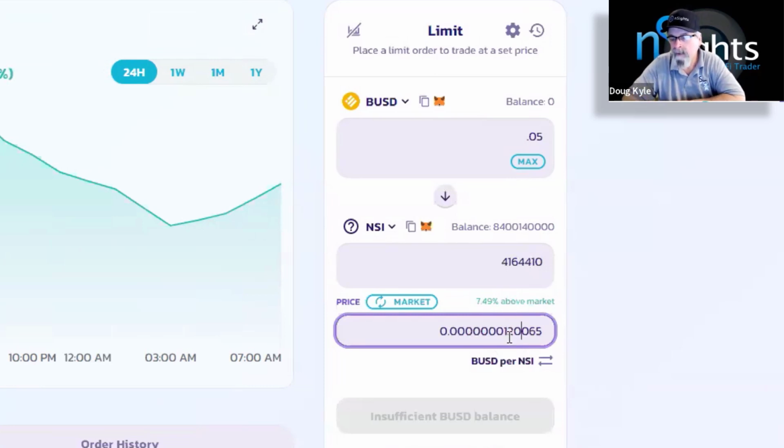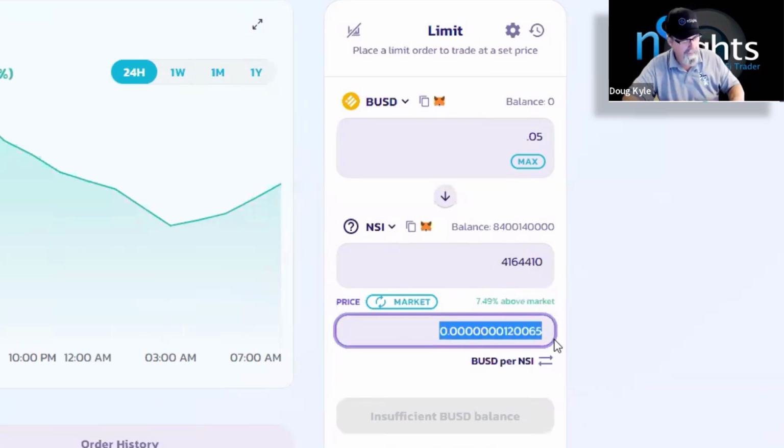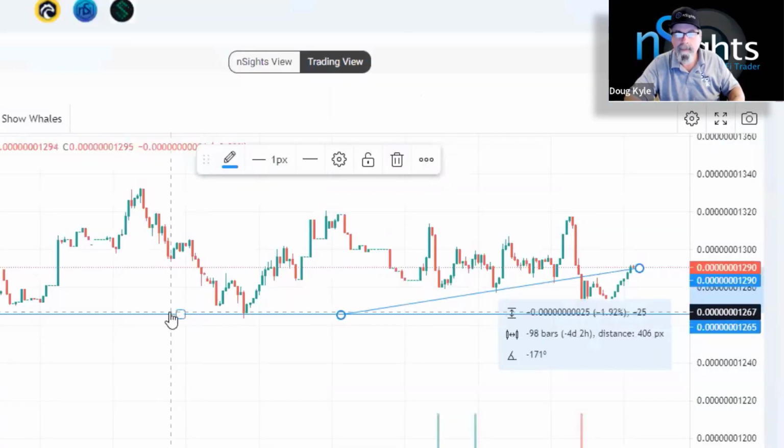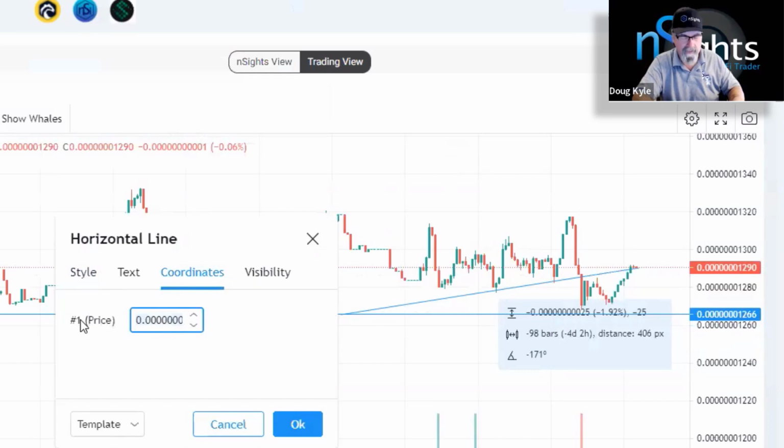Now I'm at 12.0 instead of 12.9, but it says I'm 7.9% above the market. Unless I'm tired today and not getting this, this is really backwards.